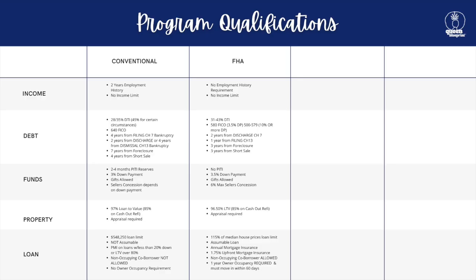The property must be in live-in condition. No loan will close on a dilapidated building. So you cannot go and get a rundown building and be like, hey, FHA, I want a 3.5% down on this. Absolutely not. Okay? Absolutely not.